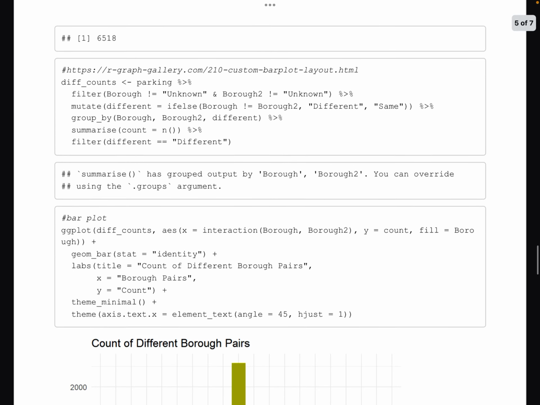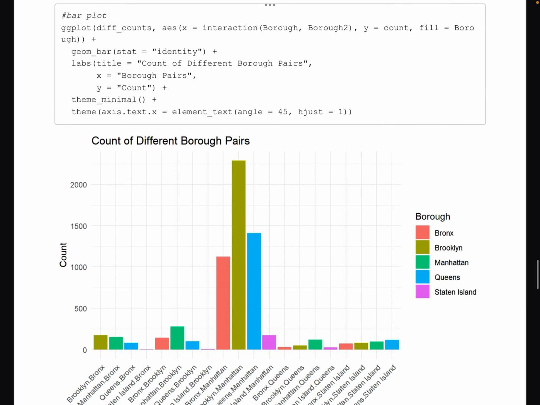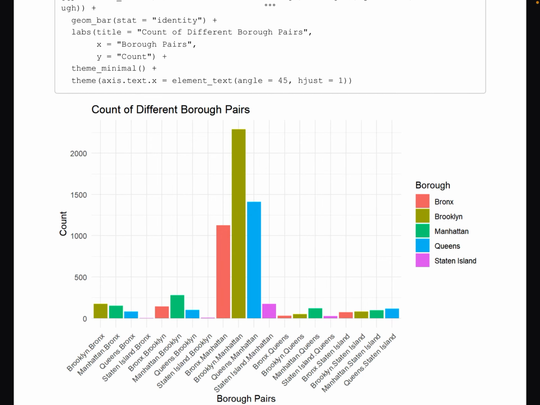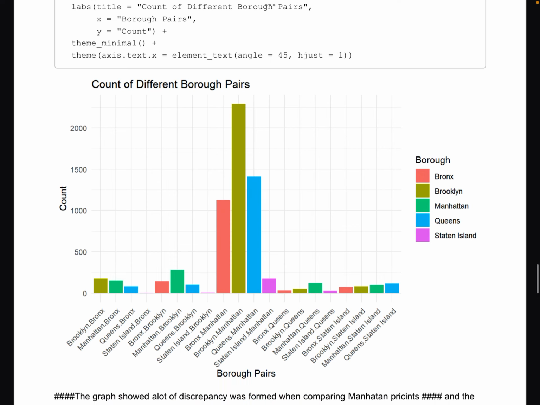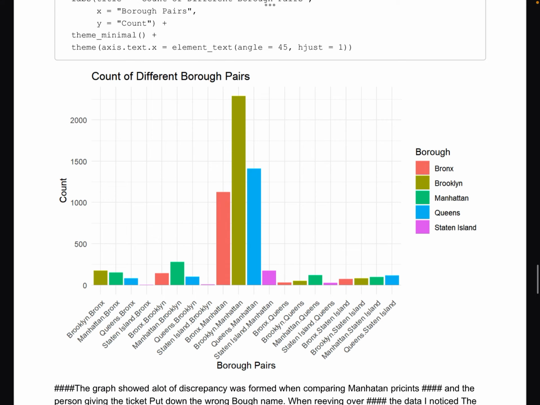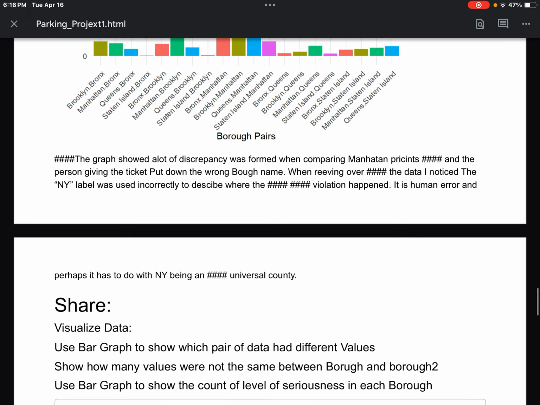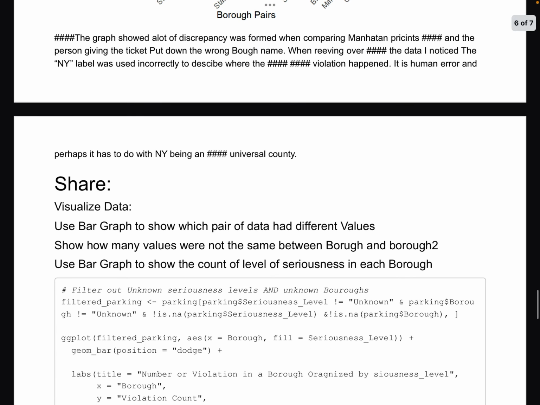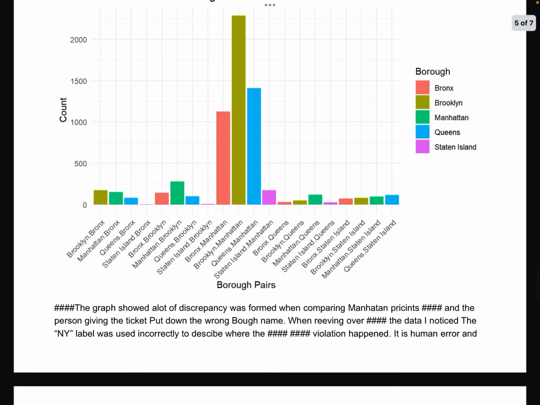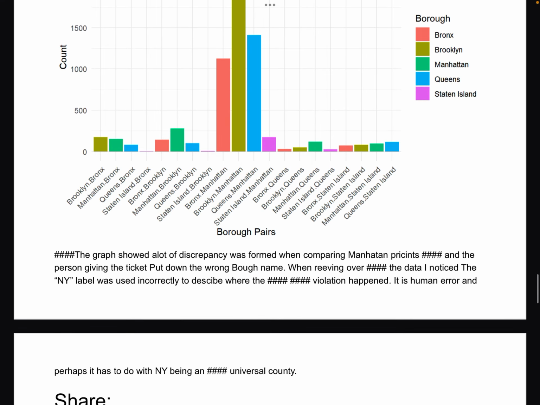It was 65,018, but I wanted to explore the reason that they did not match up. So I graphed a group and I checked how many instances each time they did not match. So the data shows, I could clearly see where the discrepancy was.